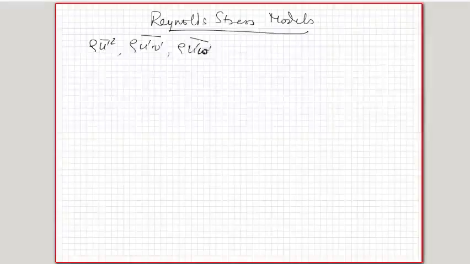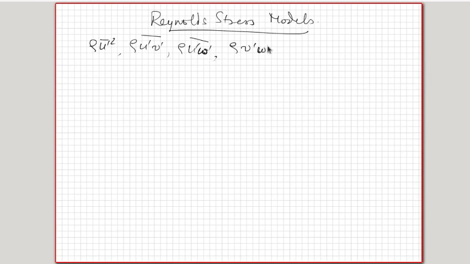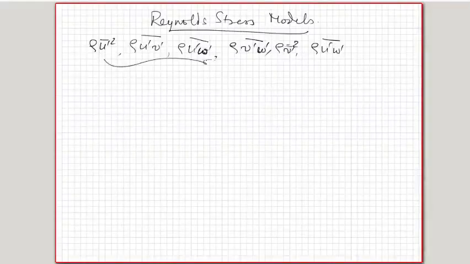Okay. Then you get rho v prime w prime bar, rho v prime squared bar, and then you get rho w prime squared bar. Okay, so there are 6 terms which appear in Reynolds stresses in a 3-dimensional case.